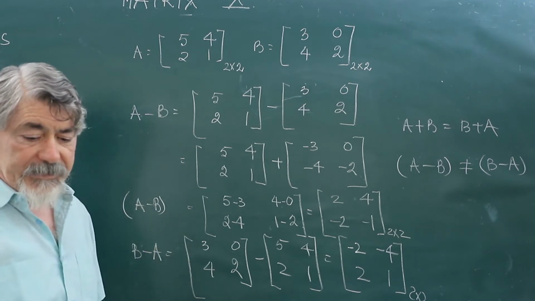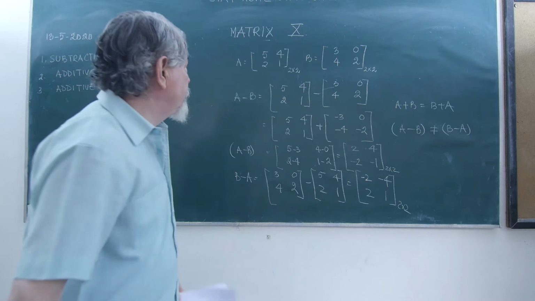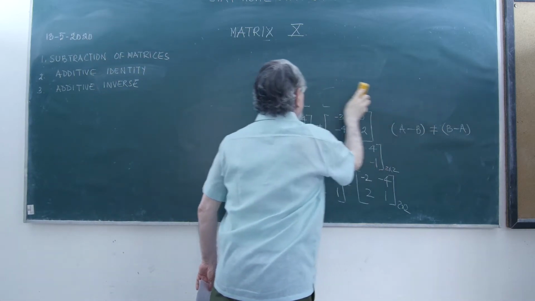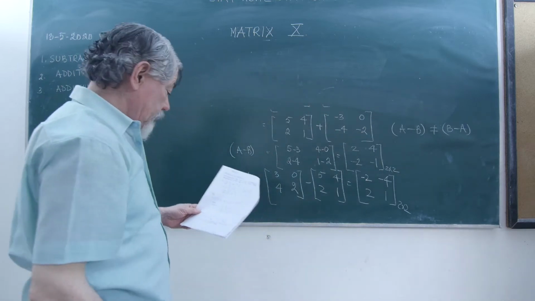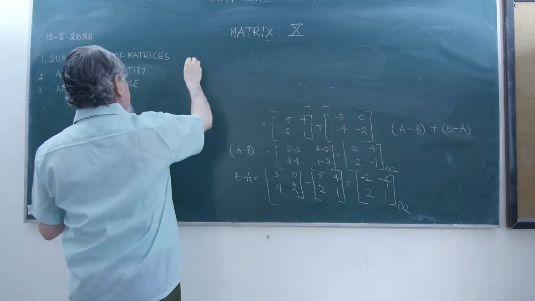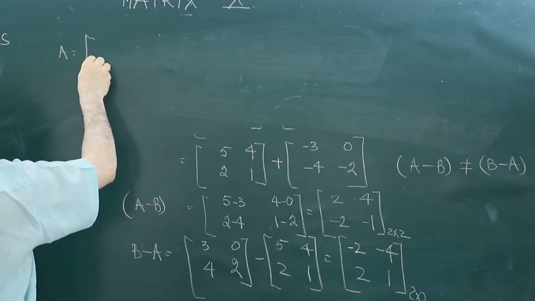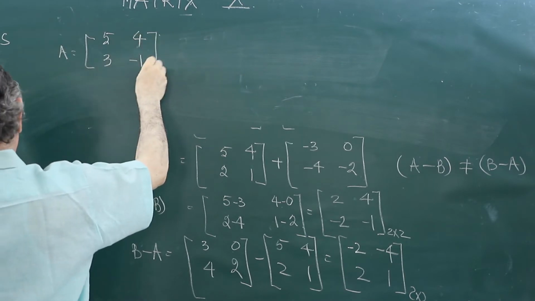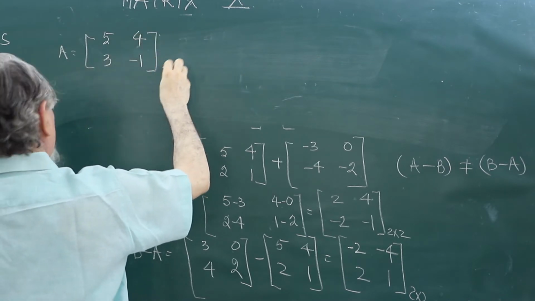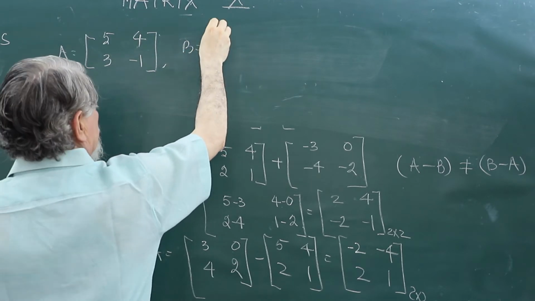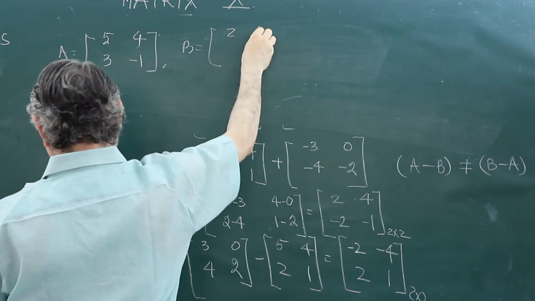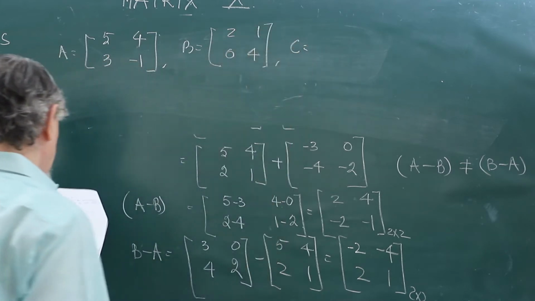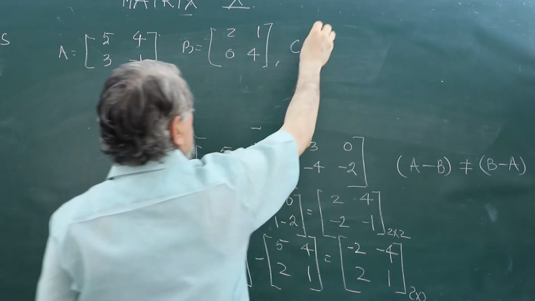Let's take another example and show it to you. For example, A is 5 4 3 minus 1. B is 2 1 0 4, and C is minus 3 2 1 0.